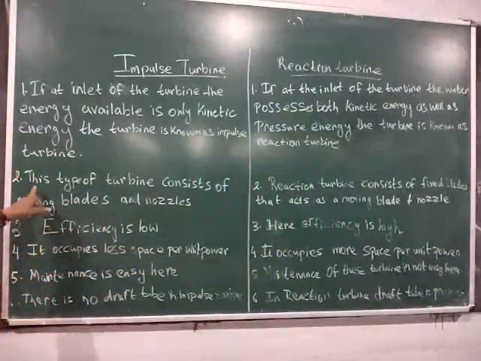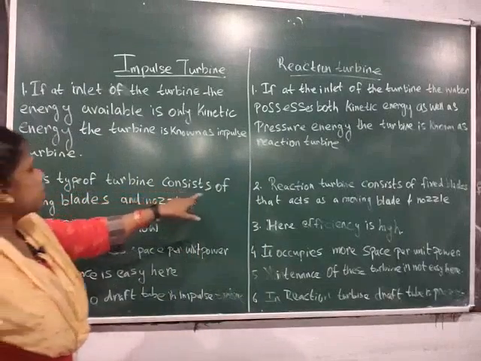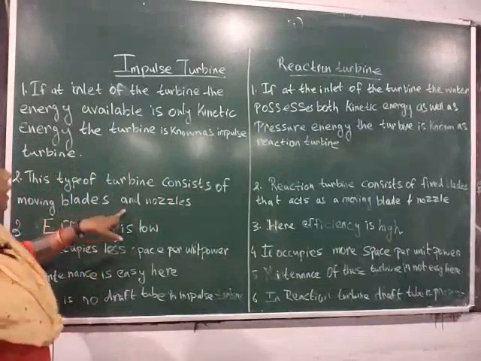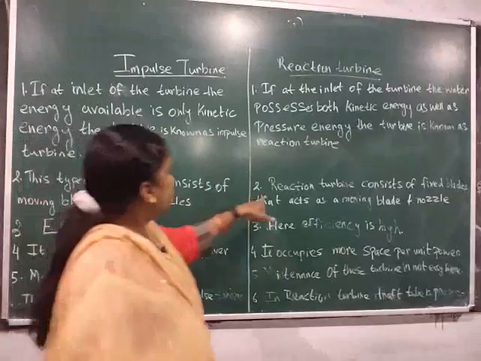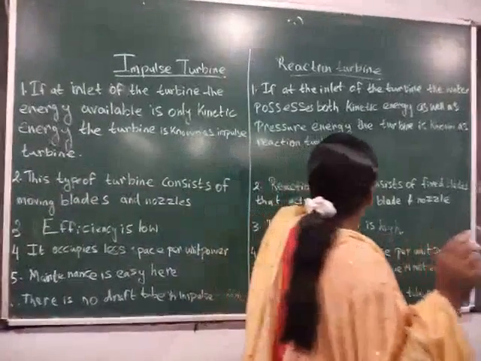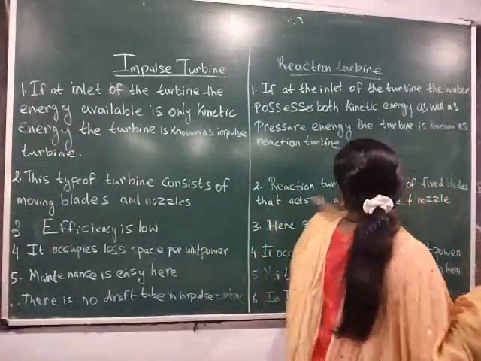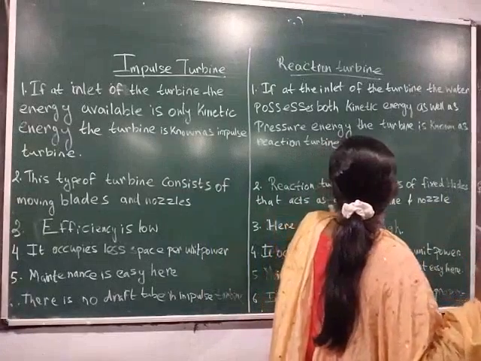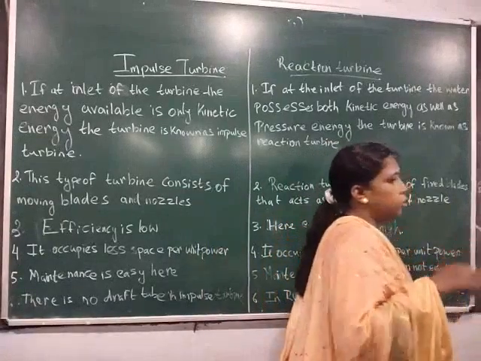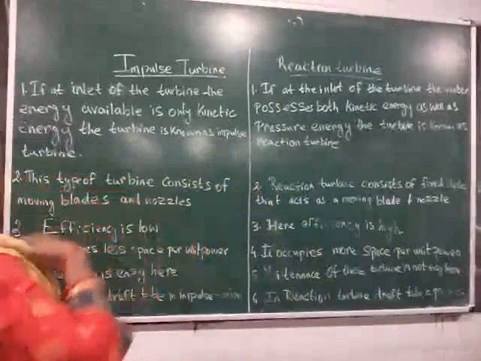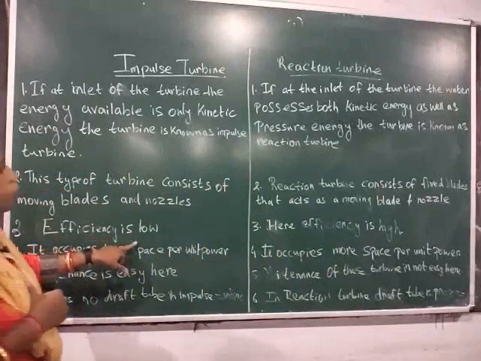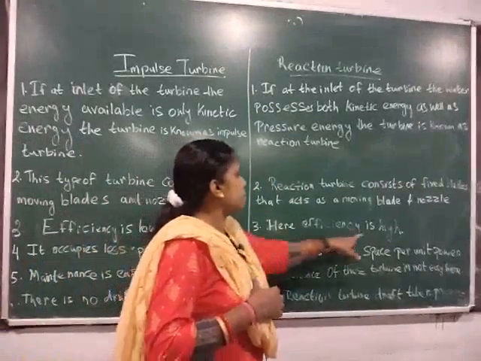Next, this type of turbine consists of moving blade and nozzle. A reaction turbine consists of fixed blades that act as a moving blade and nozzle. Here efficiency is low, here efficiency is high.